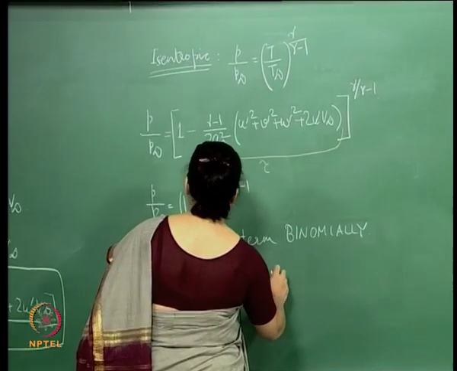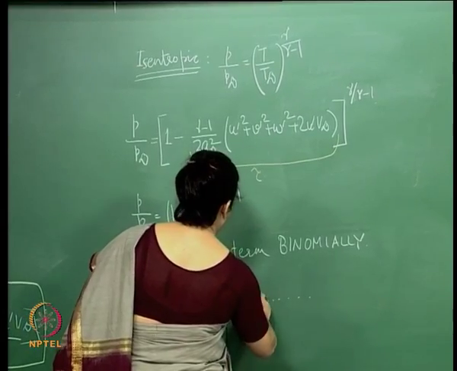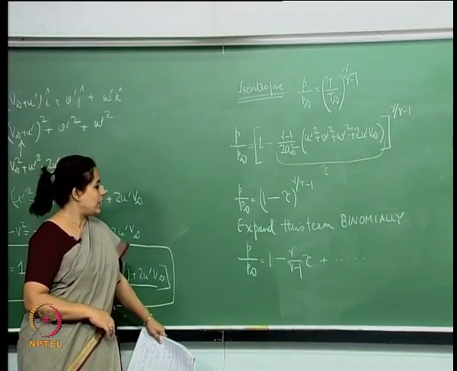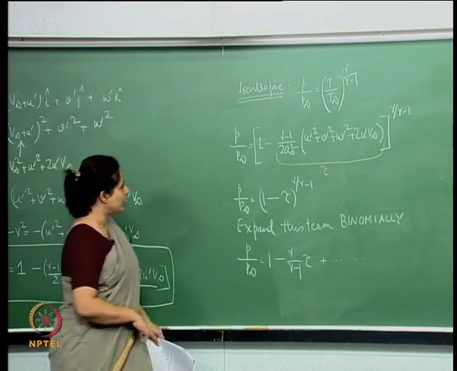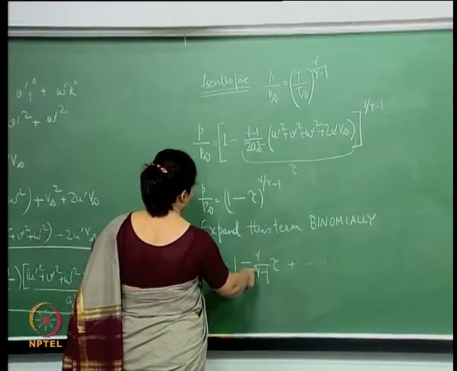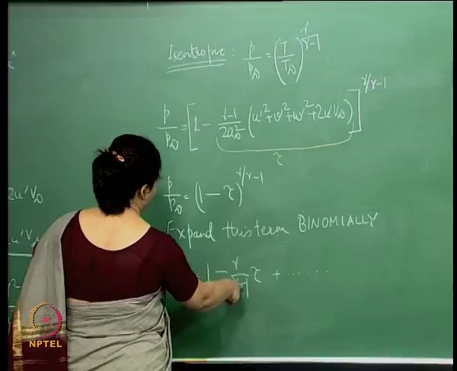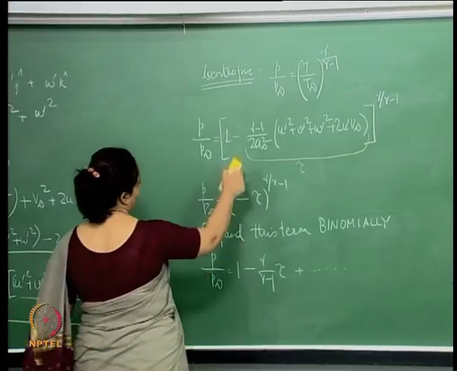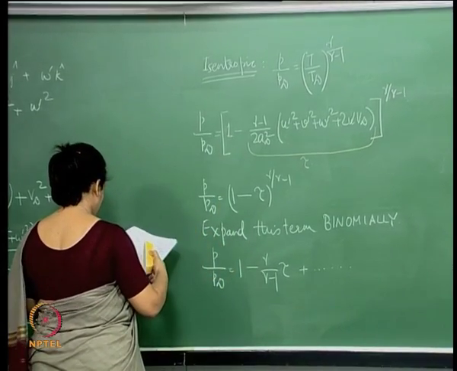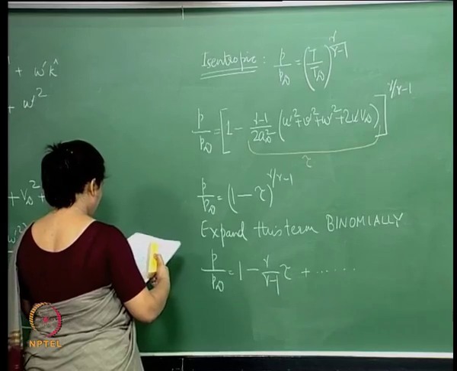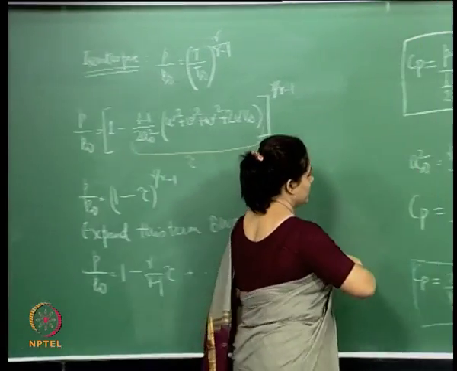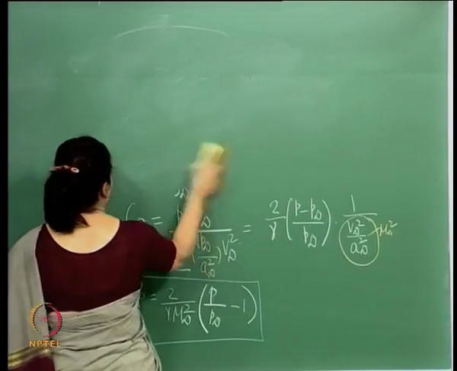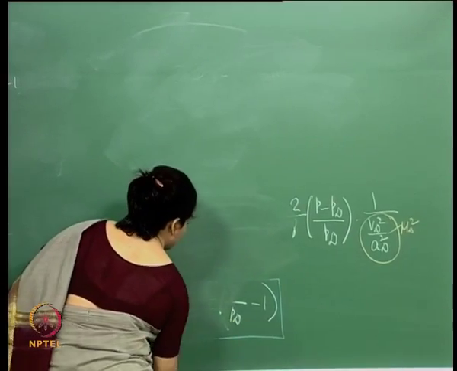We are neglecting the higher order terms. Now we just introduce this term, gamma by gamma minus 1, into this tau. So let us go ahead and do the remaining math of this.